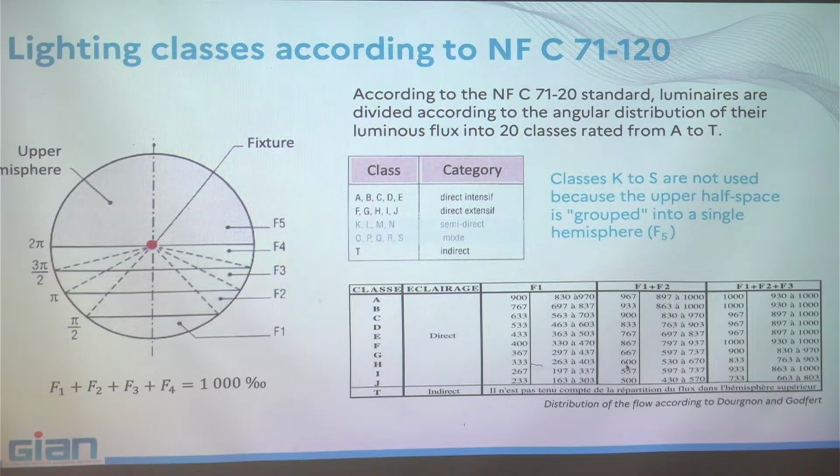And then, using that, you can classify a luminaire by using one letter from A to J, associated with an extraction efficiency, and also eventually with a part T if the luminaire sends some light above.